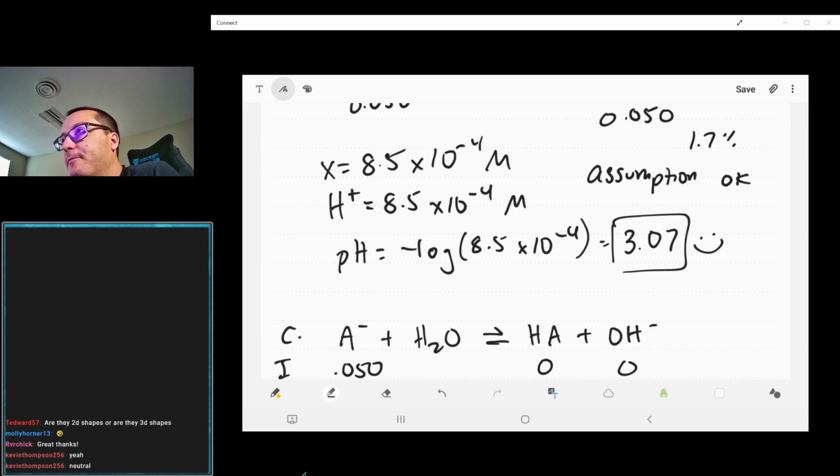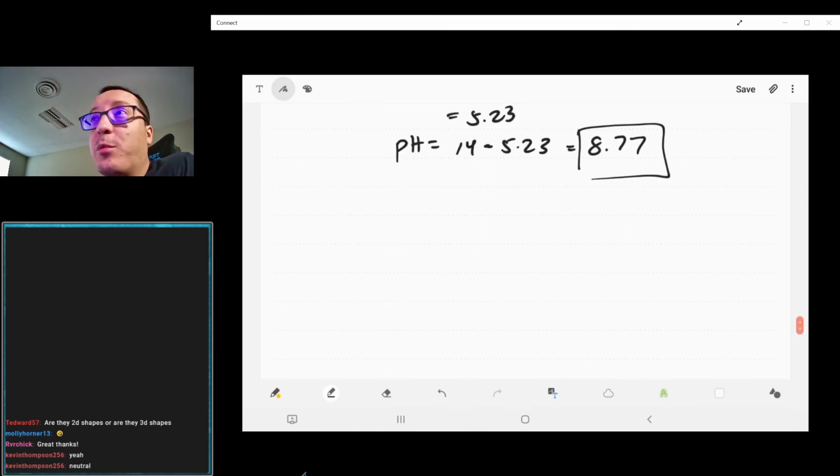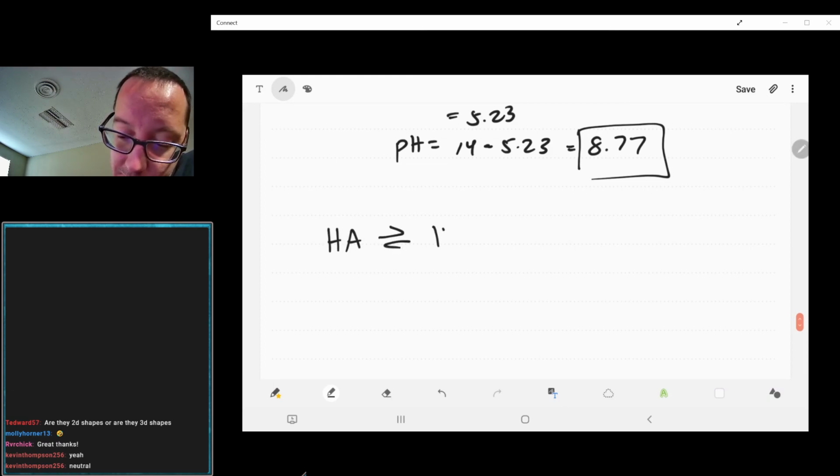Interestingly enough, let's say we had 0.05 molar of each one. This is an interesting case.